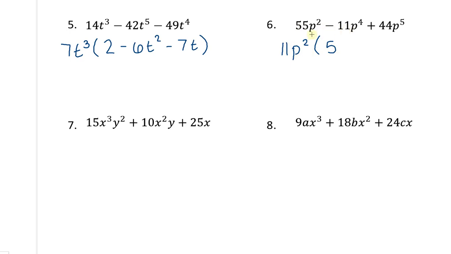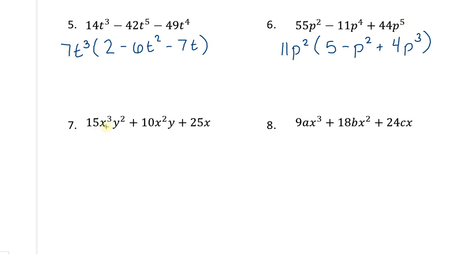Negative 11 divided by 11 is negative 1. And then we have p to the fourth and p squared, so we're just left with a p squared. And 44 divided by 11 is 4. P to the fifth divided by p squared is p to the third.